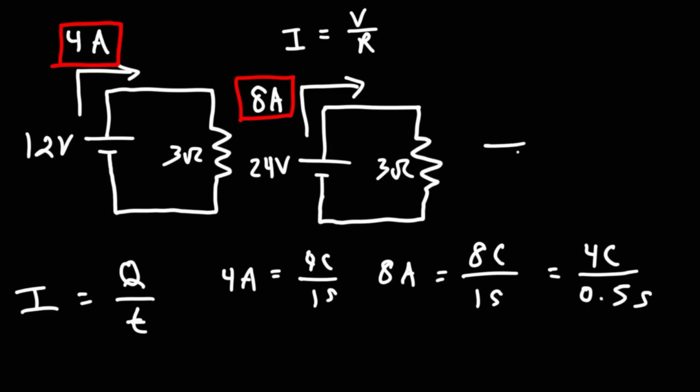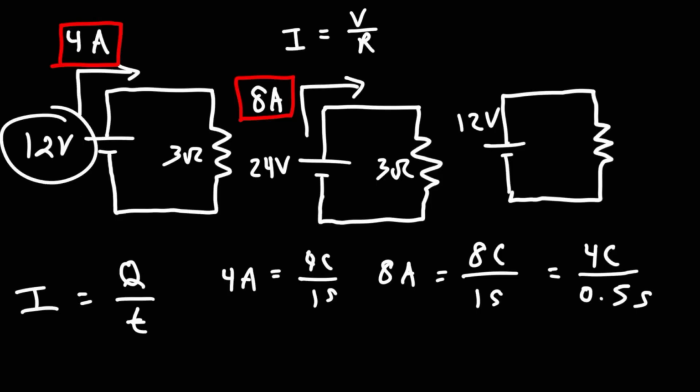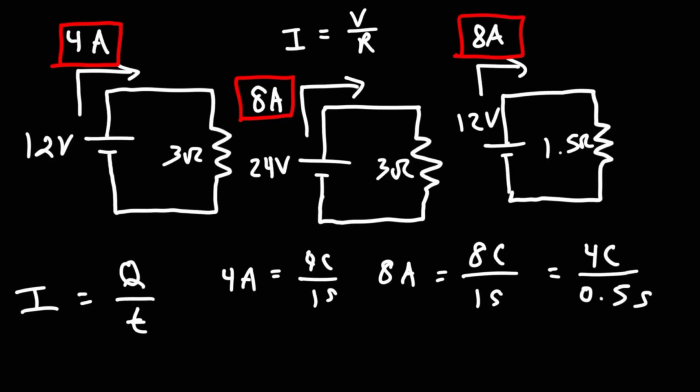Now let's add a third scenario. Let's say we keep the voltage at 12 volts, so at the original voltage, but this time we cut the resistance by half. 12 divided by 1.5, that's going to be 8. So we're doubling the current by reducing the resistance but keeping the voltage the same.